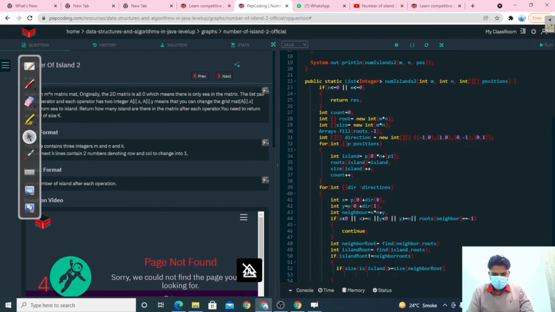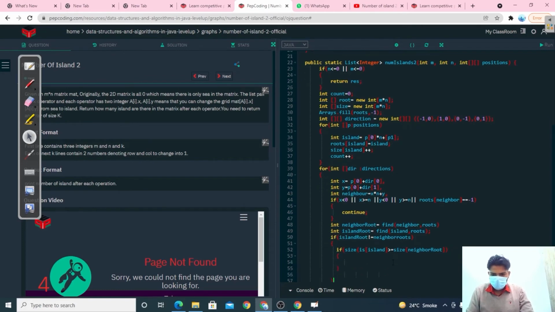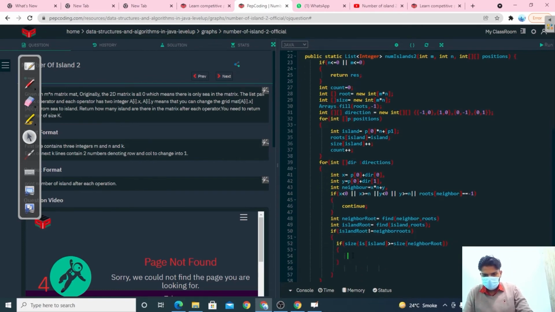Okay, so what we are getting here is this. So this is nothing, right? It is the island root.